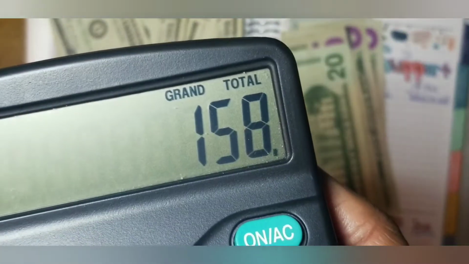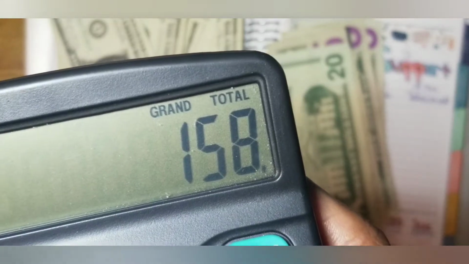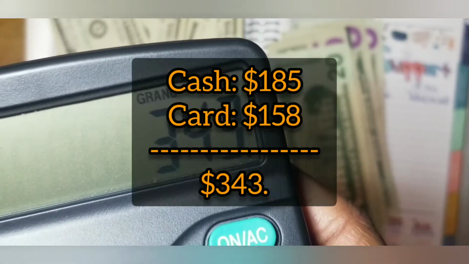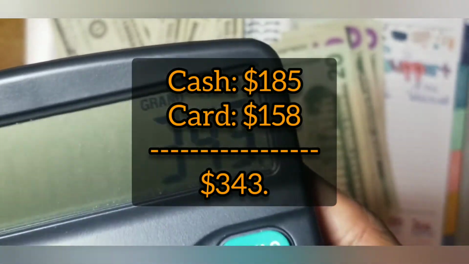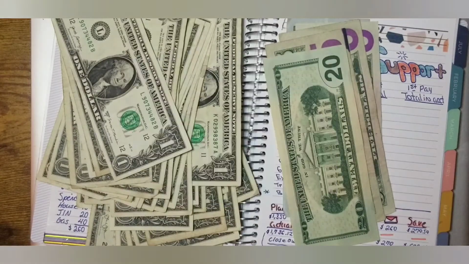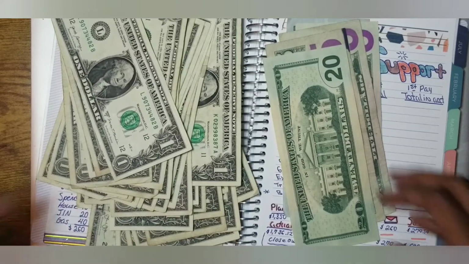And if we add $158, which is the amount that I have in the bank just sitting there, that means we have $343 for rollover that I've been saving since October, I believe.